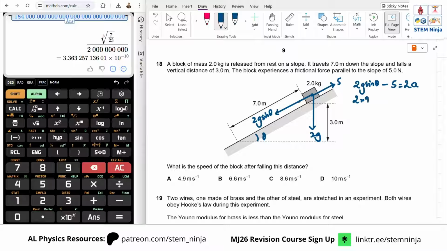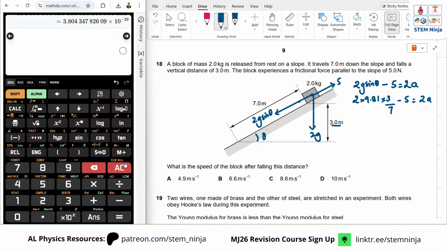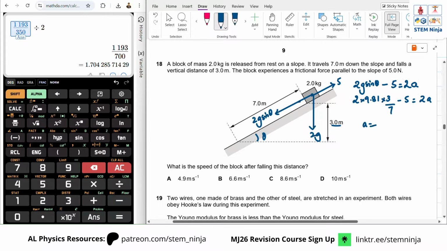So 2, 9.81, sine theta, as you can see, it is 3 over 7, and minus 5 equals 2a. So 2 times 9.81 times 3 divided by 7 minus 5, and then divided by 2. This acceleration is 1.7049 meters per second squared.